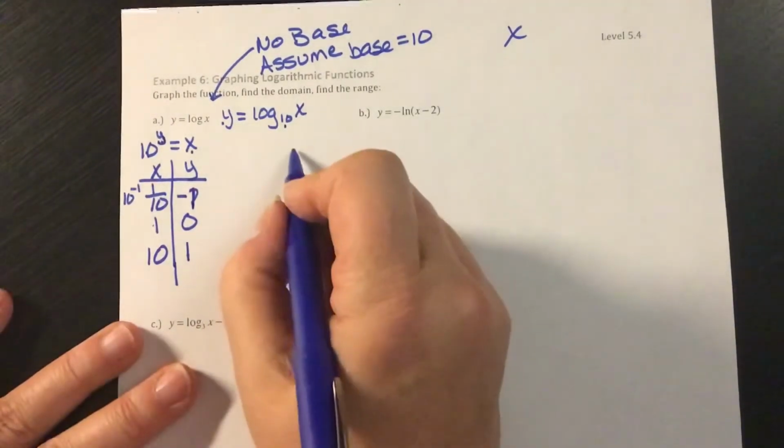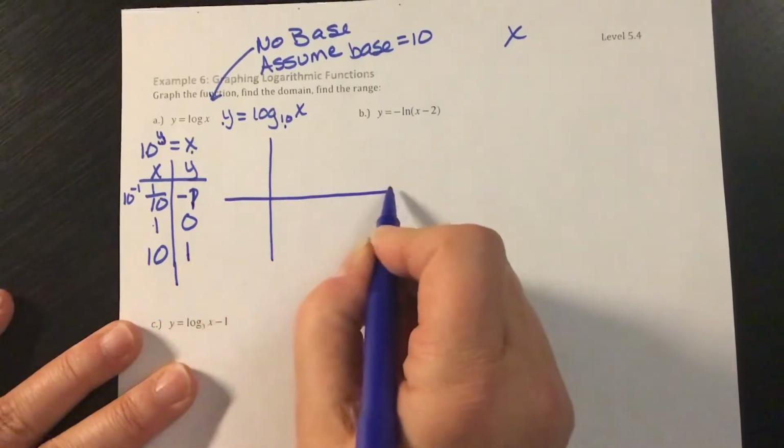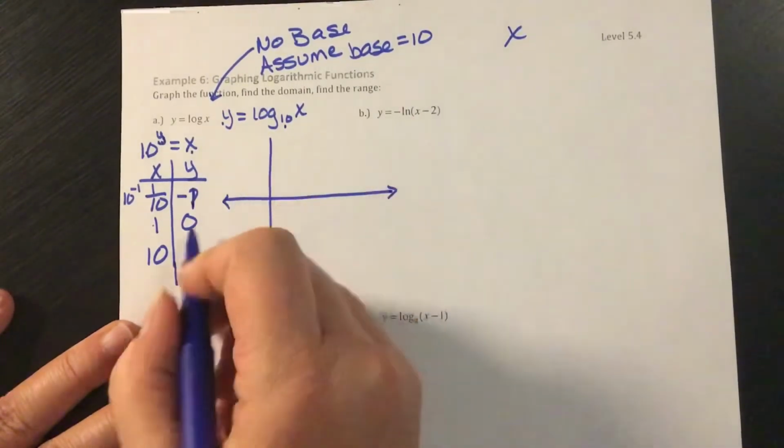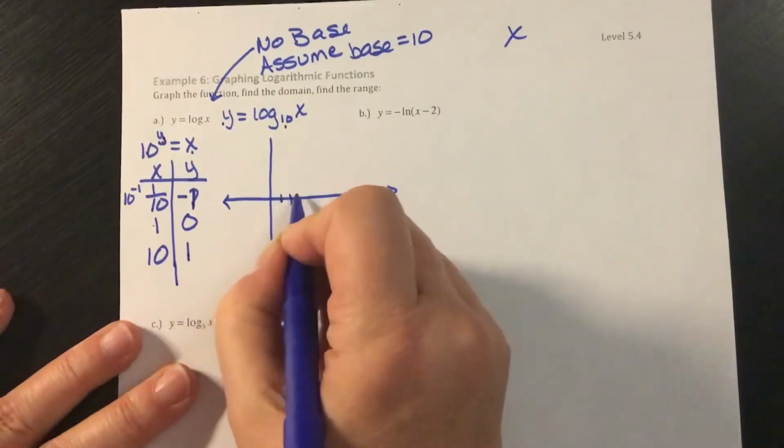Now I'm going to plot these values. I'm making this kind of long because I know I have a long x-axis. I'm going to go up to 10.